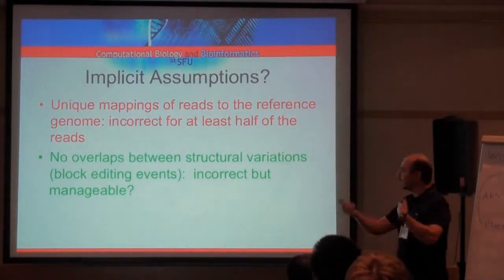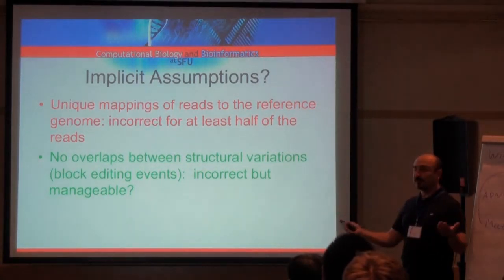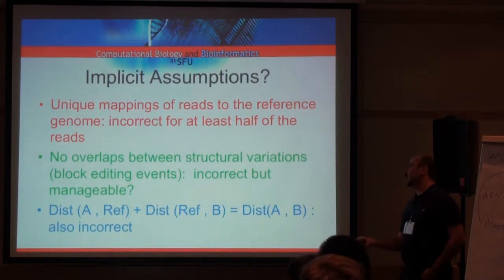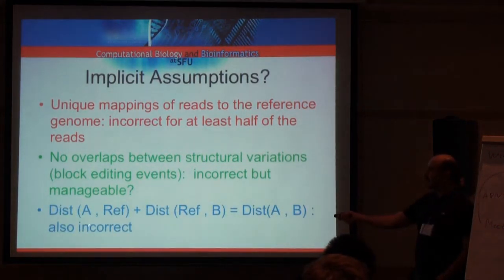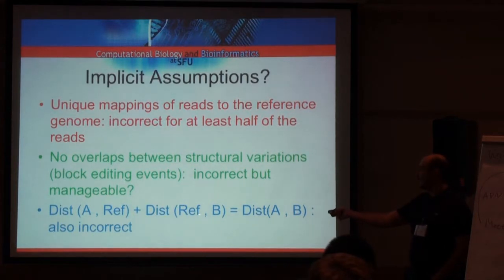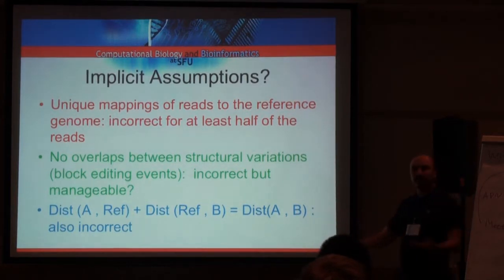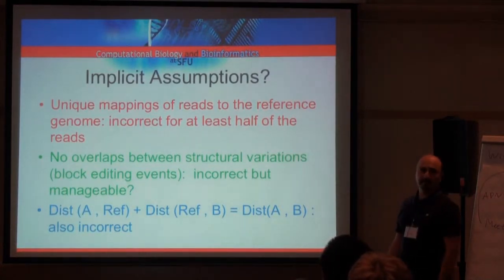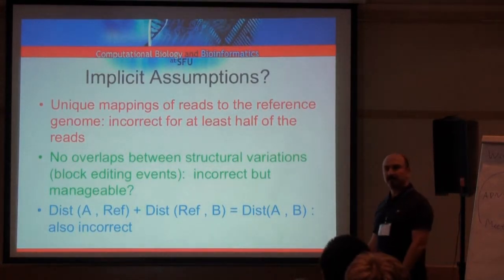So these block operations are well separated, which is not correct. And finally, we assume that if we know the differences between donor A and the reference, donor B and the reference, then putting them together, we'll be able to figure out the differences between A and B. And this is not always correct.